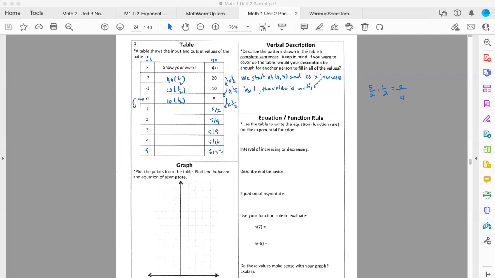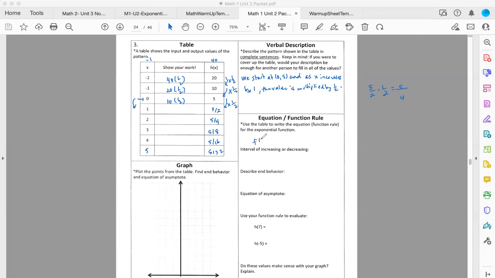Is multiplied by 1/2, or is half, right? That's pretty much it. Now you can do it in a word problem. You can say Johnny started with $5 and his money got cut in half, right? As every hour or every minute, right? You can use that.